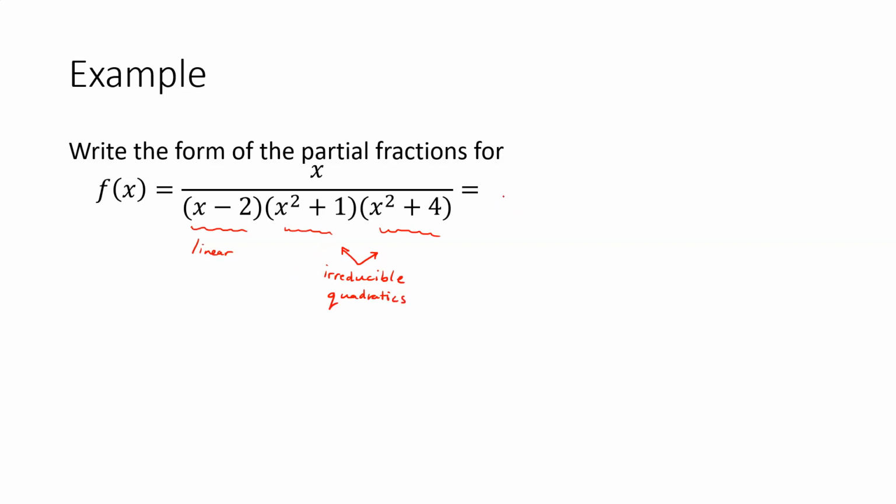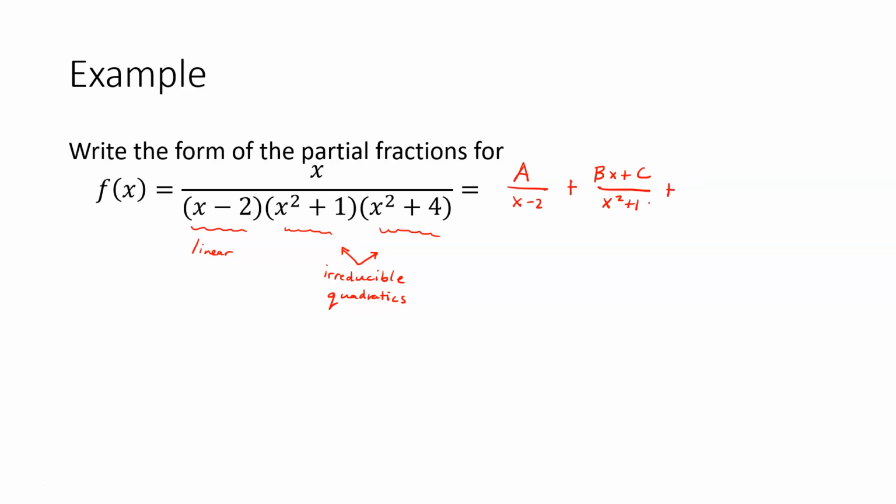So the form of the partial fractions, well, we'll just have A over x minus 2 for the linear factor, right? Since it's linear, you just have a single constant, A. Now these ones are both irreducible quadratic. So we'll have Bx plus C over x squared plus 1, and again it's Bx plus C because this is an irreducible quadratic.